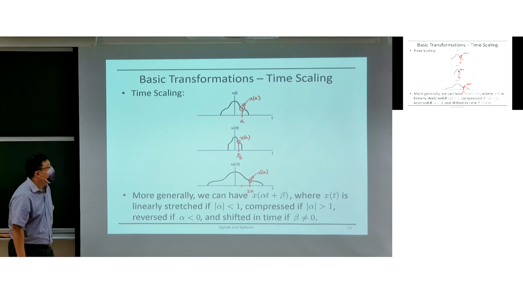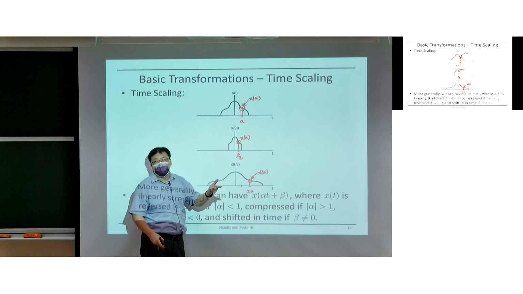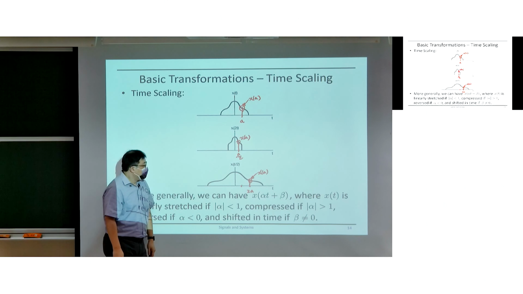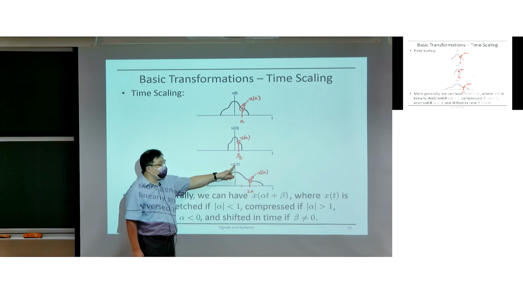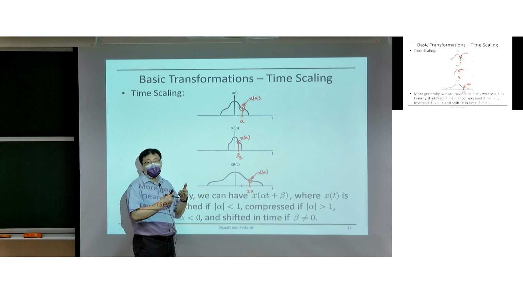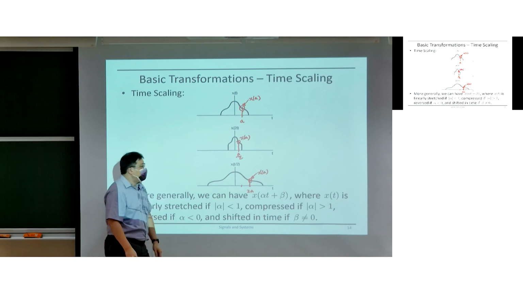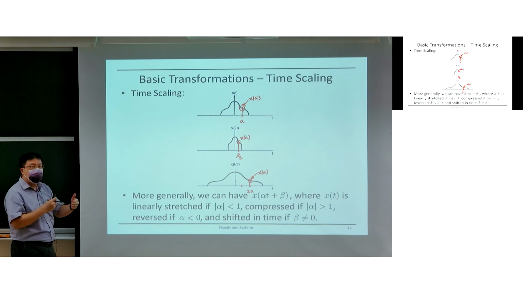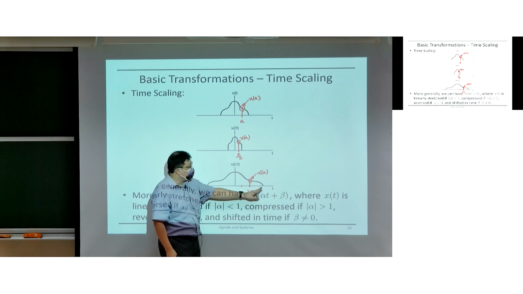So if you multiply the time variable by some factor that's greater than 1, then this is like fast forwarding your signal. Now, if you instead multiply t by a factor that is less than 1, then you're stretching the signal, or in other words, slowing down, like playing the audio or video in slow motion. So it extends over a longer period of time.